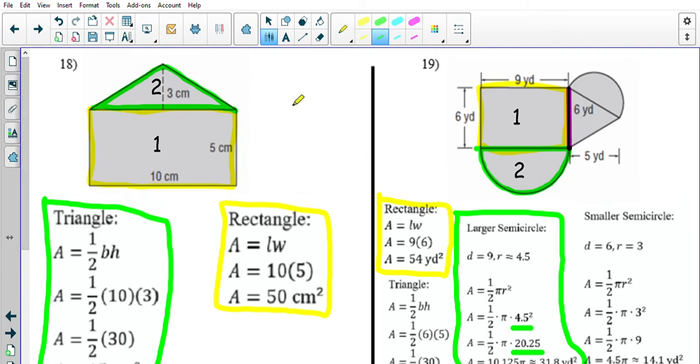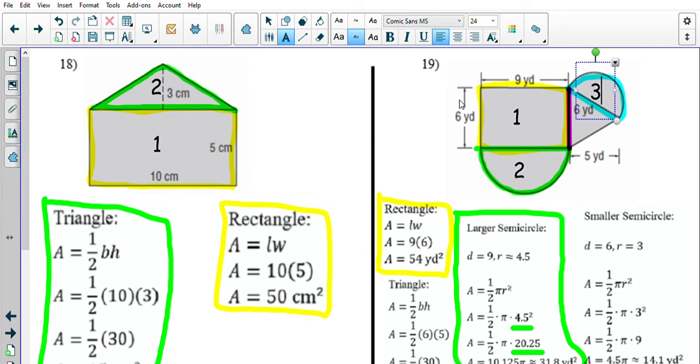Let's do the smaller semicircle next. I'm going to highlight that in blue. That's going to be region 3, this one right here. The diameter of this thing is 6. I know it's kind of hard to see what it's pointing to, but since we drew this line in here, the 6 is referring to the diameter of this semicircle.